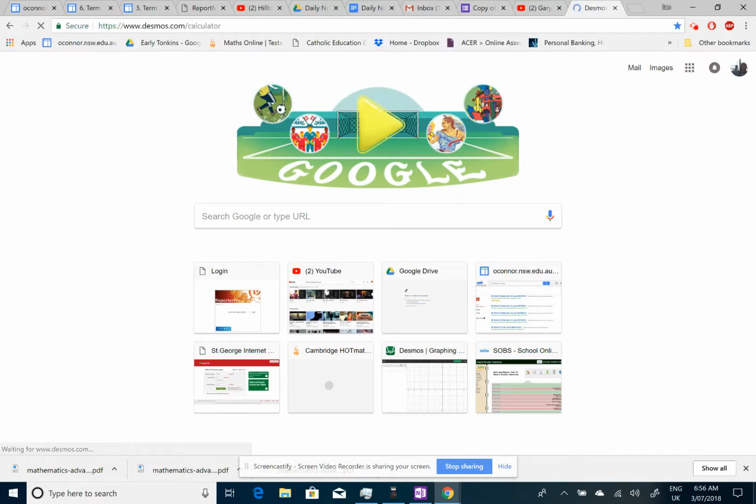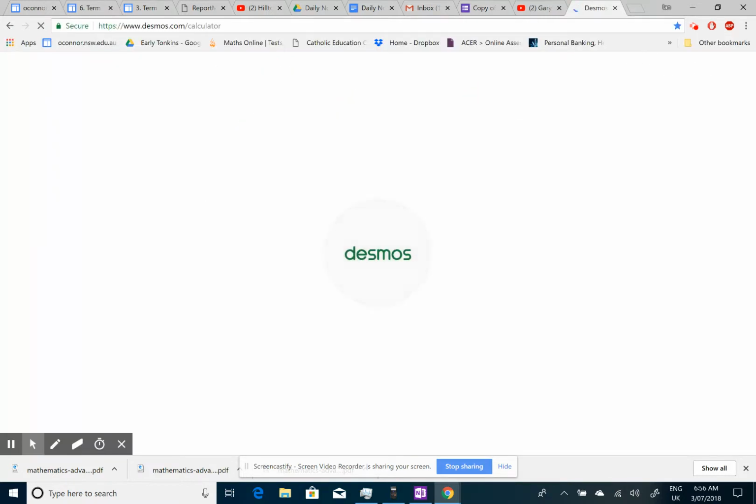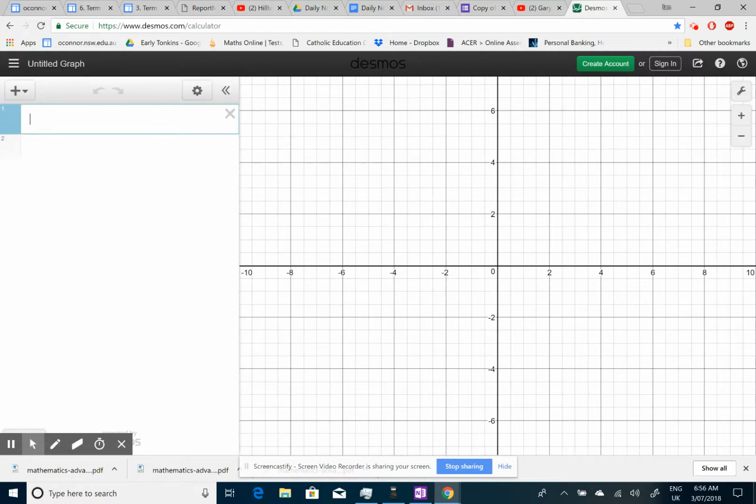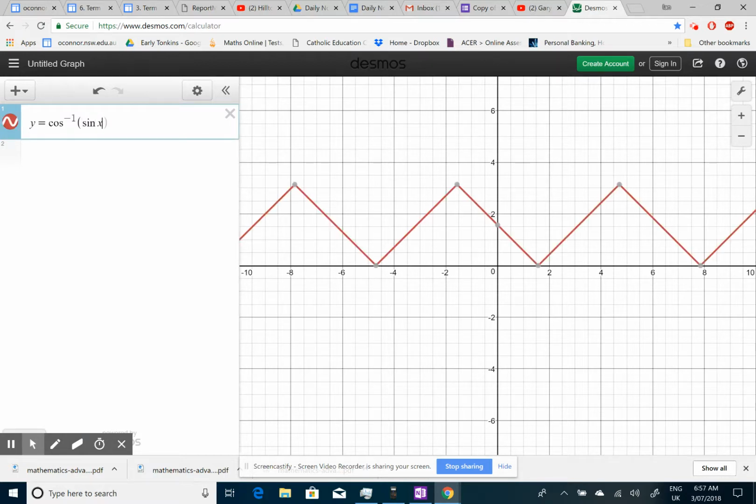And we'll graph this. We're graphing y equals inverse cos of sine x. And there you can see it.